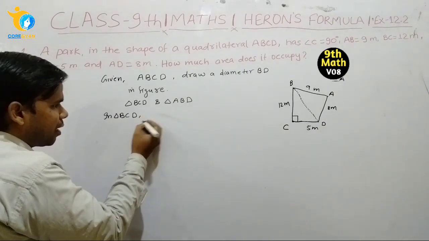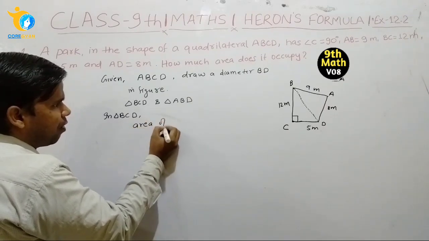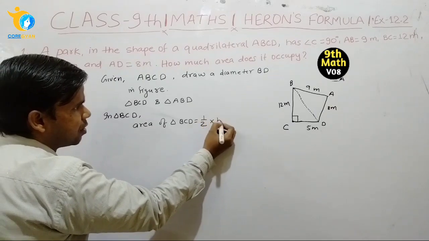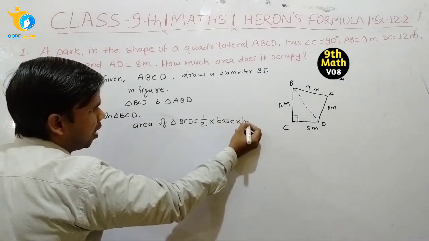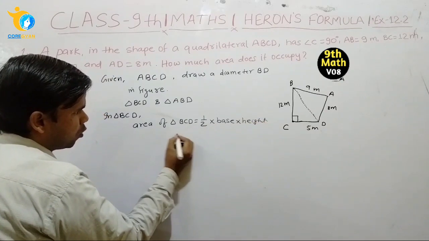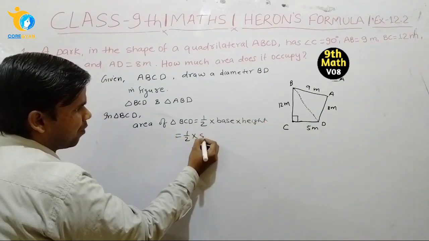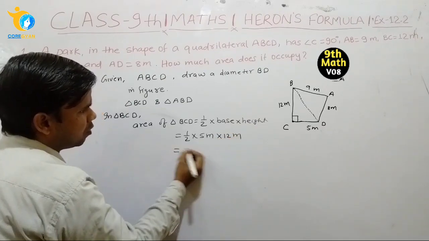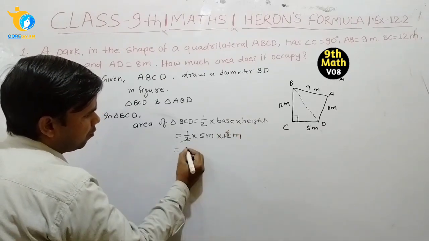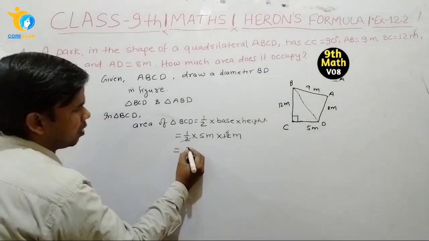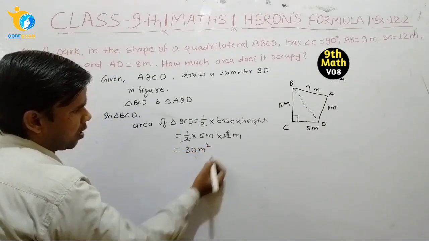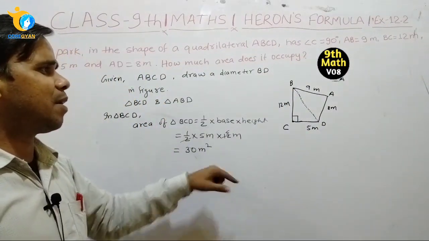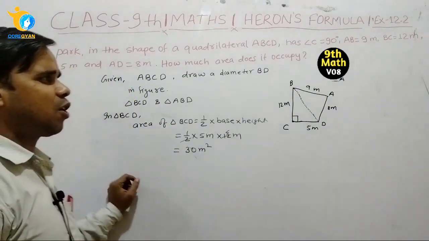The area of triangle BCD is half into base into height, which is half into 5 meters into 12 meters, which is 5 into 6, that is 30 meter square. So the area of triangle BCD is 30 meter square, and for the remaining area of ABD, how can you find the area of ABD?